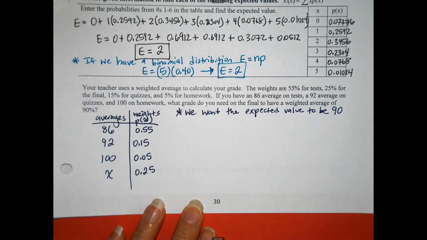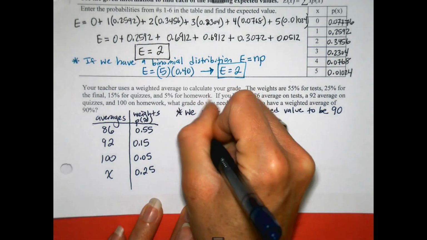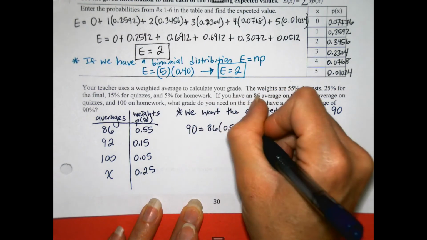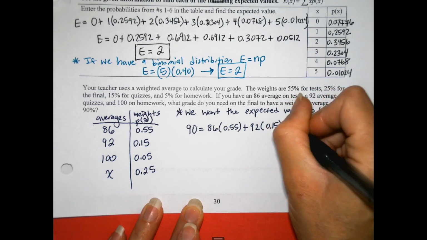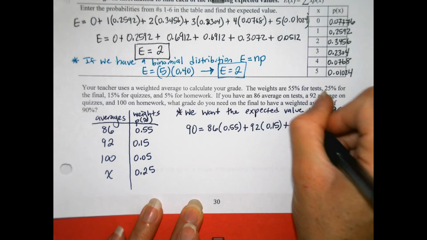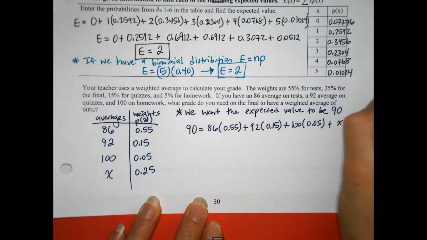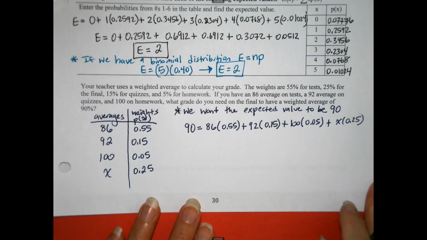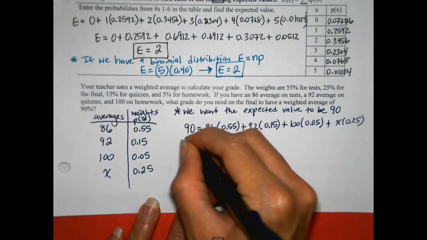Since we want our expected value to be 90, we will say that 90 is equal to 86 times 0.55 plus 92 times 0.15 plus 100 times 0.05 plus x times 0.25. And then all we have to do is solve, move everything to the left-hand side, and divide by 0.25.